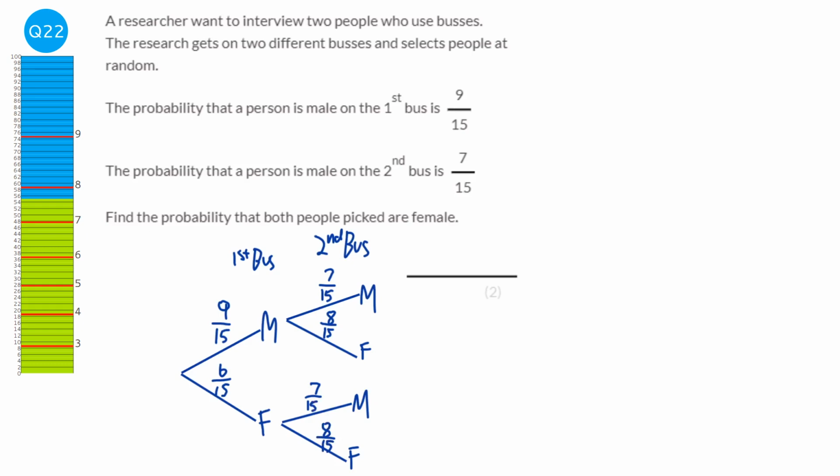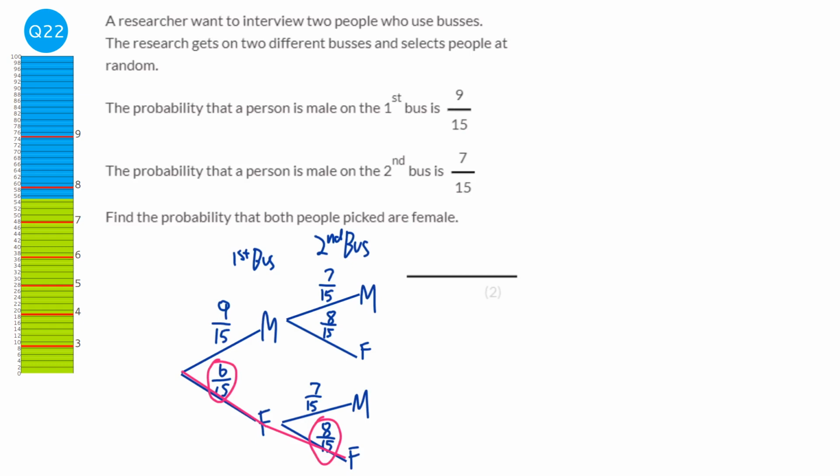So to have both female, we need to have gone down this line at the start, and then this line again. Looking at the fractions along the way, it's 6 over 15 and 8 over 15. The word "and" in probability means times.